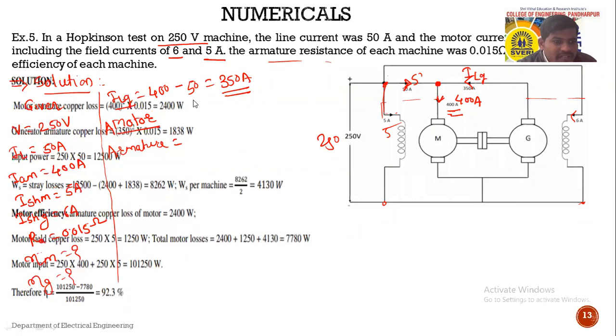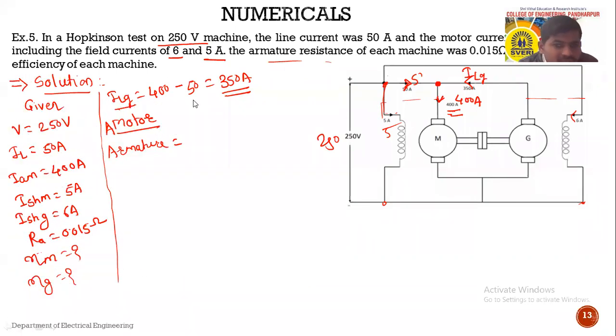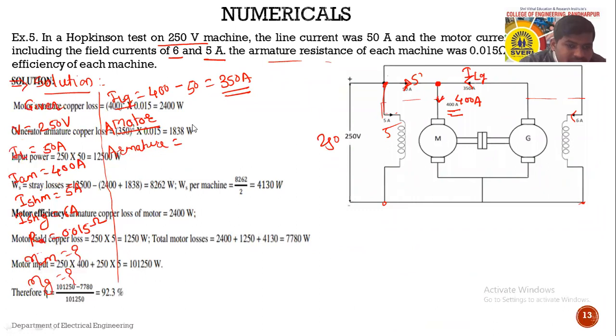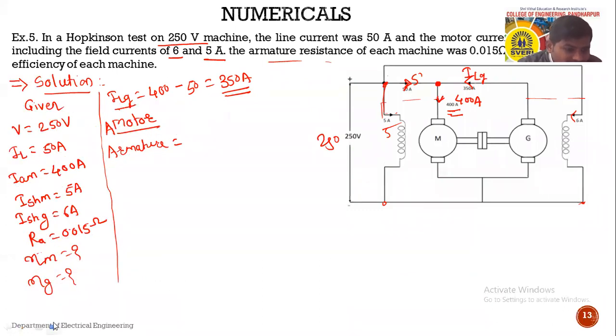While calculating the armature copper loss, formula for that is nothing but IA square RA. So IA square RA, IA किती 400 आहे, त्याचा स्क्वेअर इंटू RA 0.015. किती आहे ती व्हॅल्यू? आर्मेचर कॉपर लॉस.